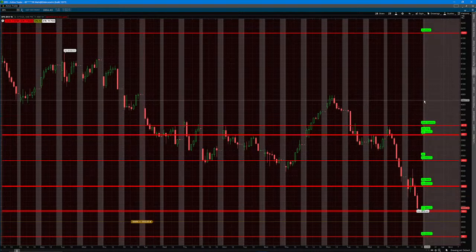This is SPX, just showing price and Spotgamma levels. These are the key gamma levels. These levels are provided in a ThinkScript to Spotgamma subscribers, in a variety of platforms, and I'll show these levels in Thinkorswim and in Bookmap. And this is showing again just price and levels for SPX, and the levels that are in play.